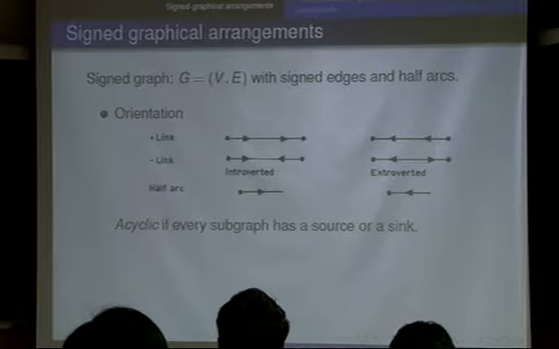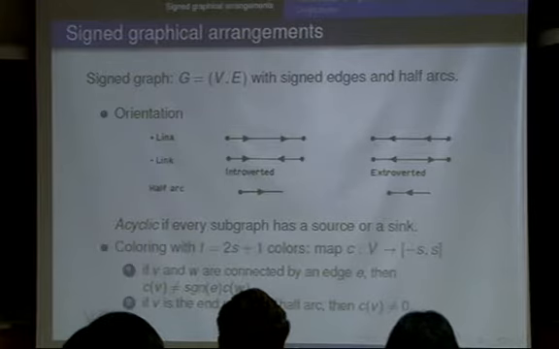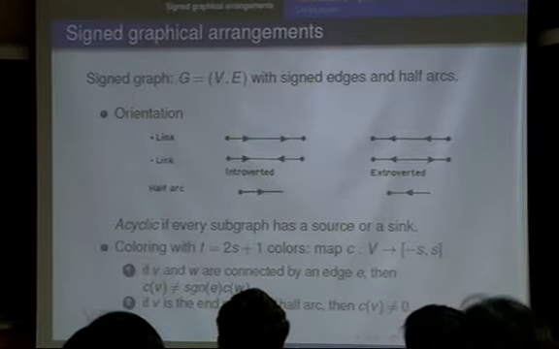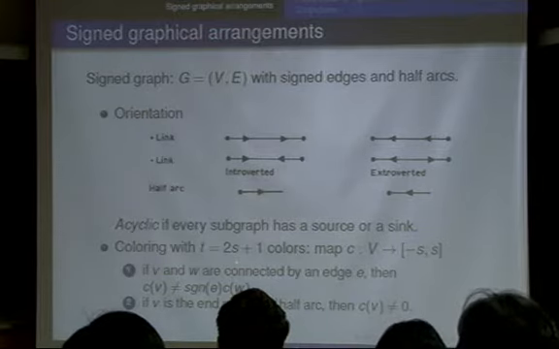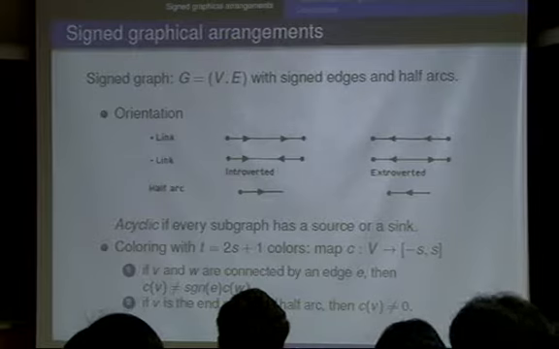And a signed graph is called acyclic if every subgraph has a source or sink. Okay, source means every orientation of the edges connected to this vertex is outward, and sink is inward. And there's a coloring of a signed graph with an odd number of colors. So if two vertices are connected by an edge e, then it has to satisfy this condition.